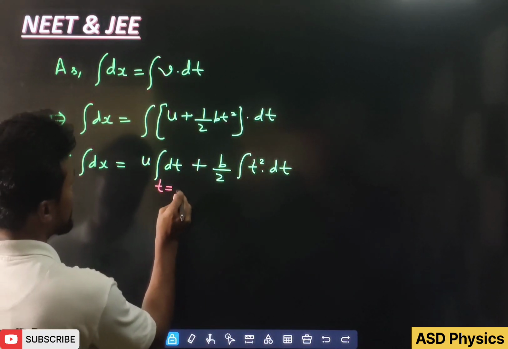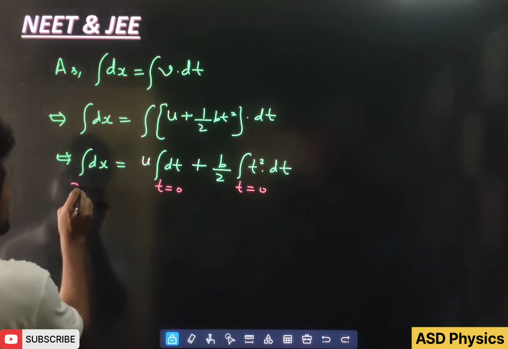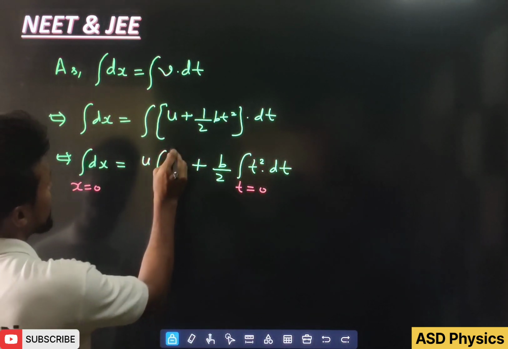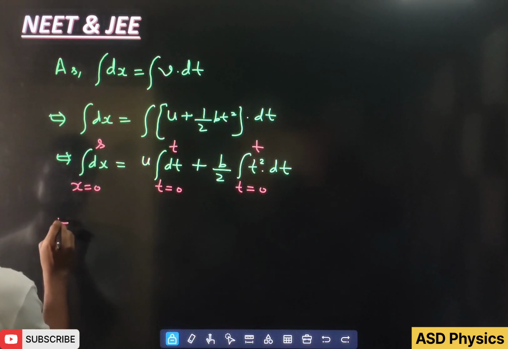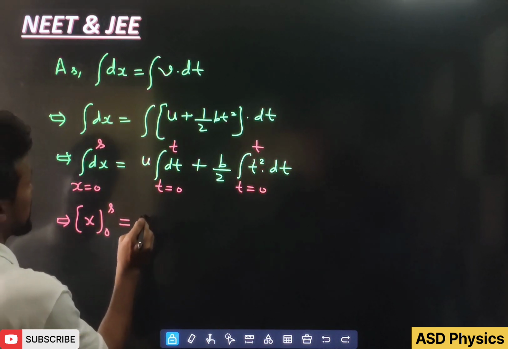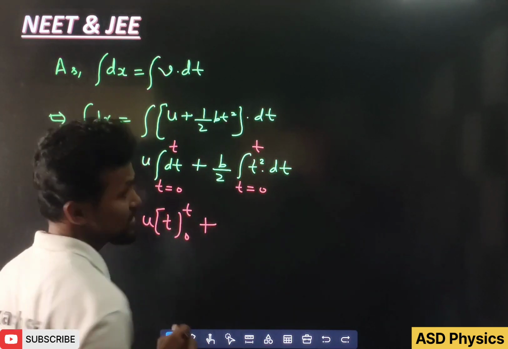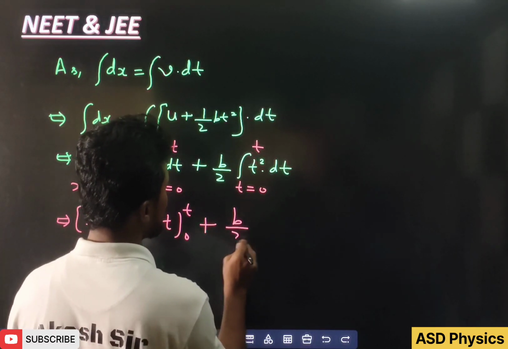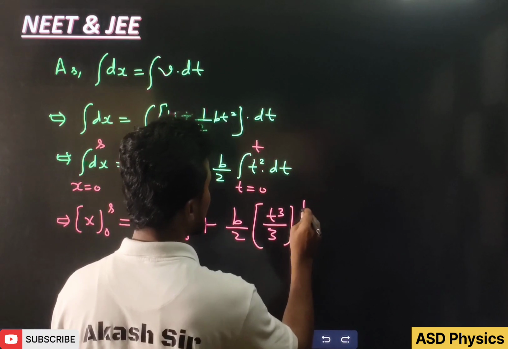Now let's take t equal to 0. The object starts from the origin, that means x equal to 0. After time t, let's take the position as s. So integration of dx means x from 0 to s. Here u integration of dt means t from 0 to t. Is it correct? Plus b by 2 t square dt, which becomes t cube by 3, again from 0 to t.